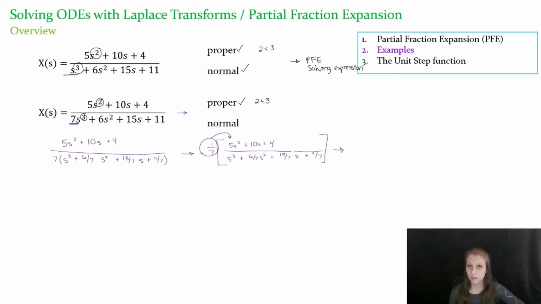And this is just to simplify the expression for later on when we perform partial fraction expansion and we're taking the inverse Laplace transform. It's just to make our lives easier so that we don't have to worry about this constant just hanging around on the outside. So I will get something that looks like this.